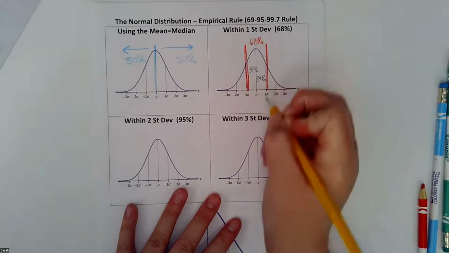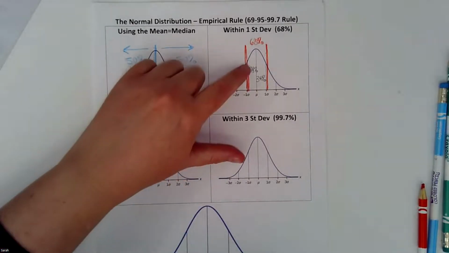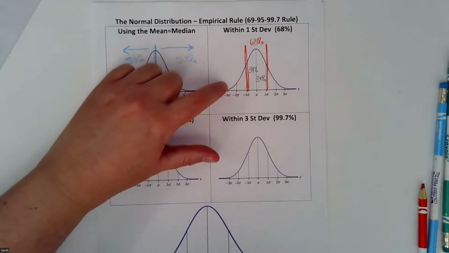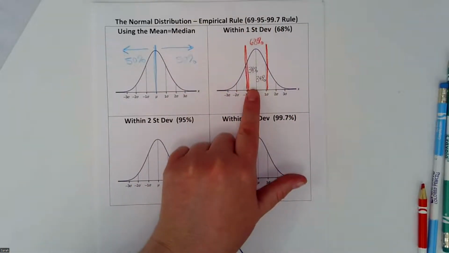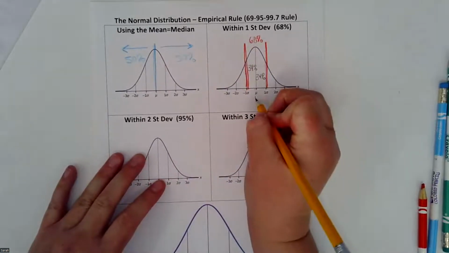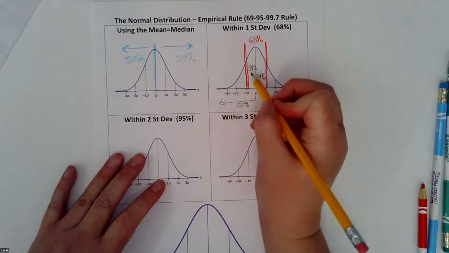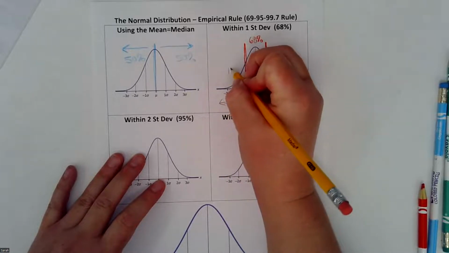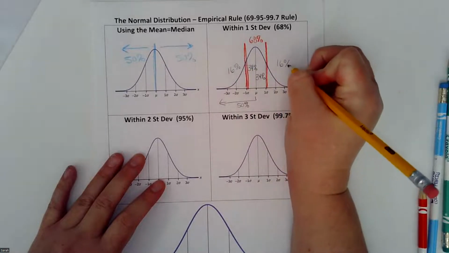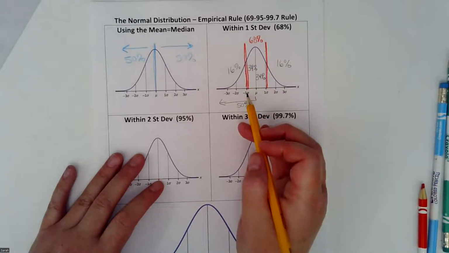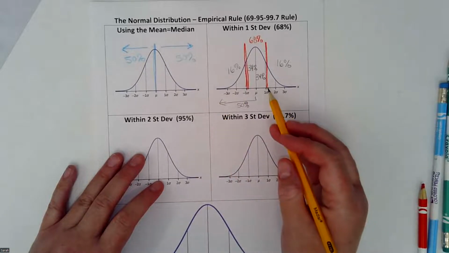So each of those are worth 34%. And then what's left over here, if this is 50 from here down, and this is 34, I can take that 50% here and subtract off the 34%. So that tells me that there's 16% left over here. So there's 16% that's more than 1 standard deviation below the mean, and another 16% that's more than 1 standard deviation above the mean.